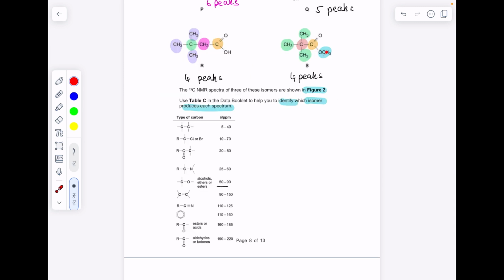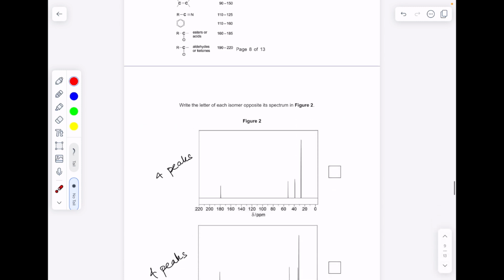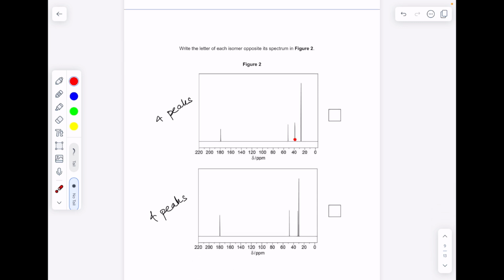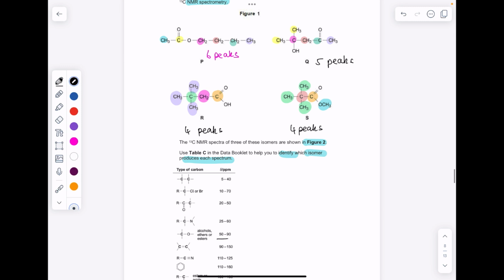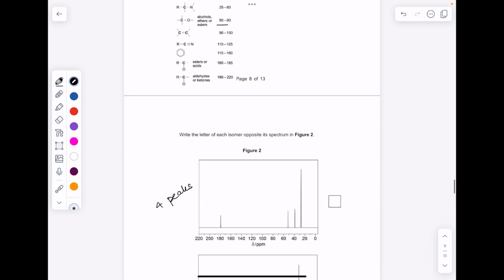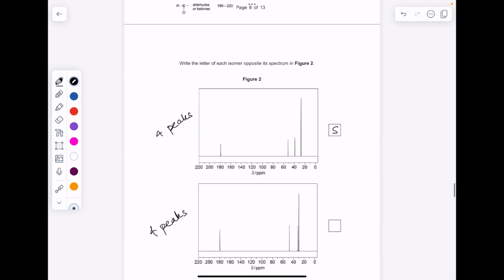Because that carbon environment here is next to an oxygen, you'd expect to see more of a shift. So let's just have a look down here, and sure enough, there's the largest shift here compared with here. So that means that this particular NMR belongs to our ester, which was S. And therefore, by process of elimination, that must be R.